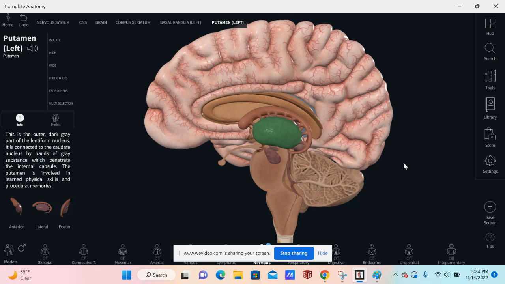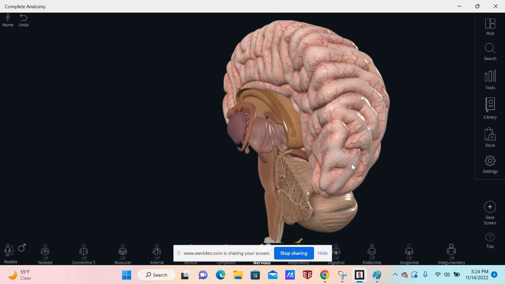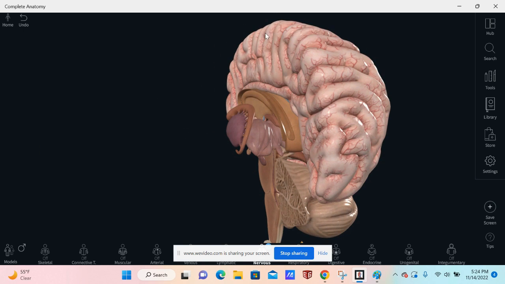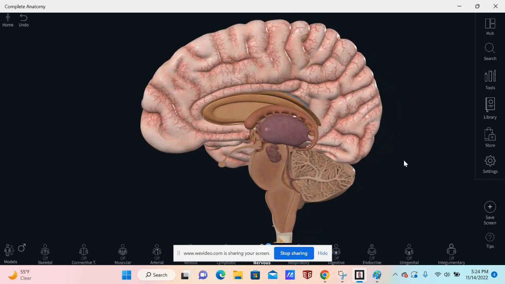Or, hey, I know how to drive a car. All right. But for the most part, the basal ganglia is going to work in tandem with the primary motor cortex to initiate and oftentimes to stop, to initiate motor movements that you want and to inhibit muscle movements that you don't want.